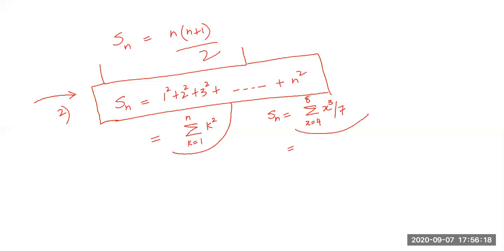Please expand this. 4 cube divided by 7 plus 5 cube divided by 7, up to 8 cube divided by 7. Perfectly right. Or you could have said 1 by 7 into 4 cube plus 5 cube till 8 cube. That's great. So this is fine.